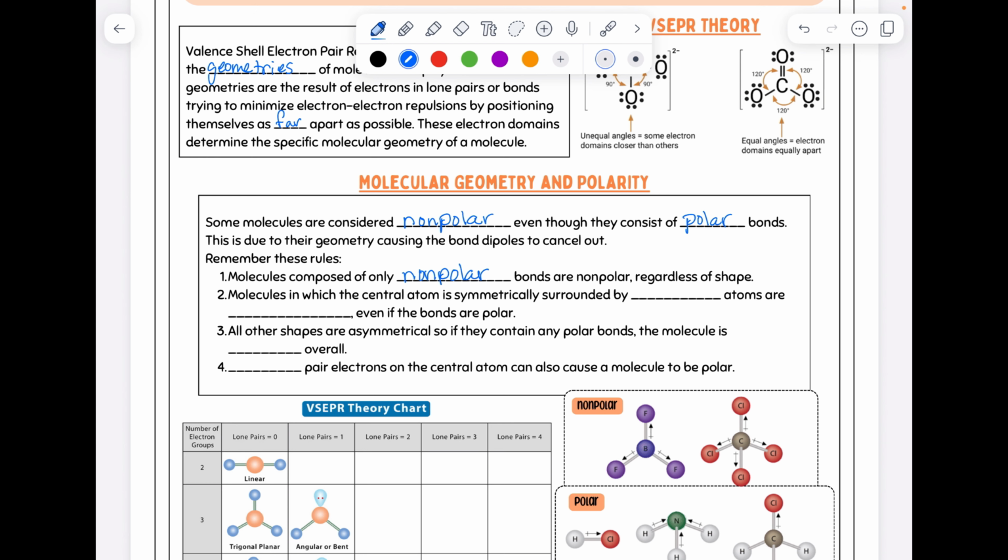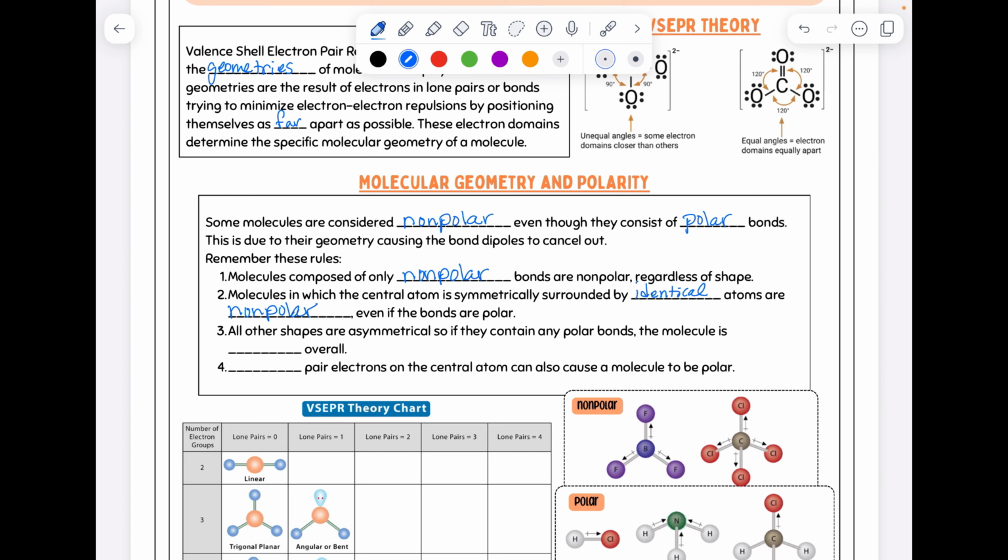Molecules in which the central atom is symmetrically surrounded by identical atoms are nonpolar, even if the bonds are polar.